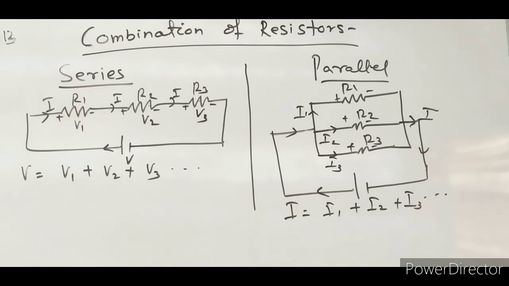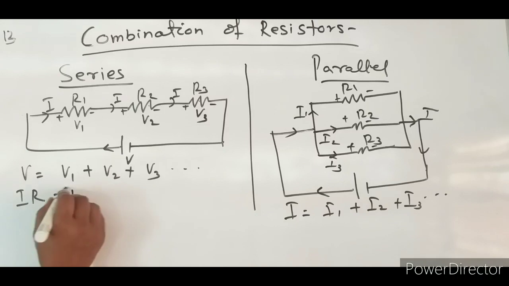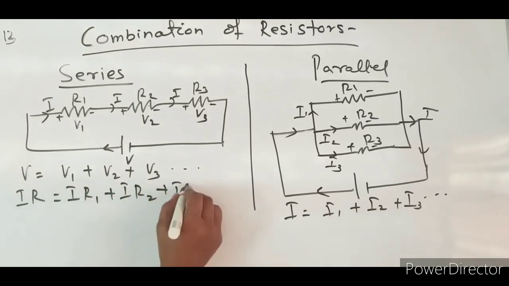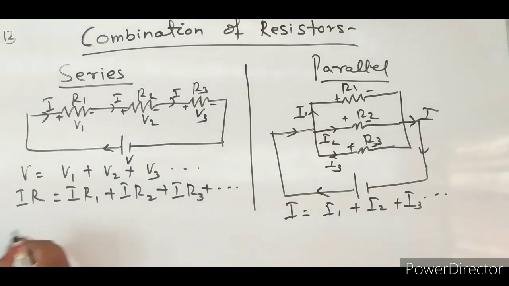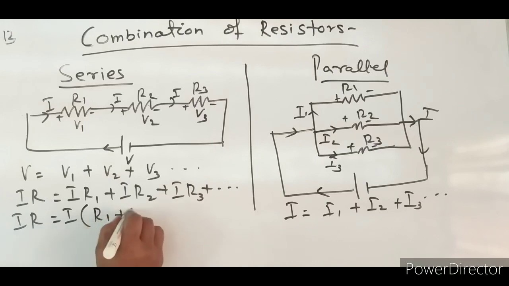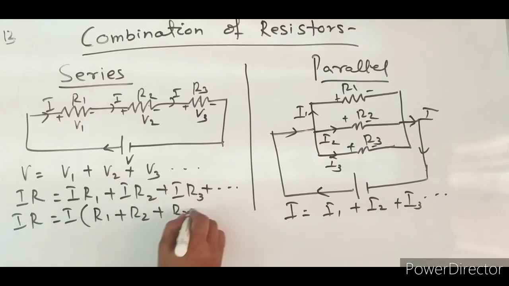Now we know the formula V equal to IR. So here, as the current will be the same, V equal to IR is equal to I R1 plus I R2 plus I R3 and so on. Then I will take as common, I times R1 plus R2 plus R3.